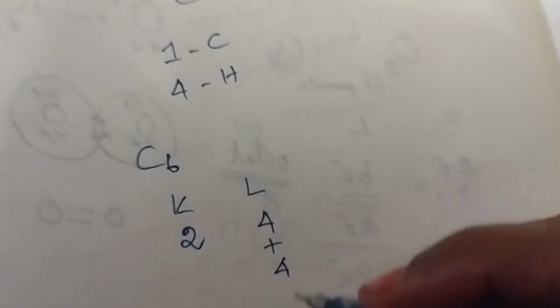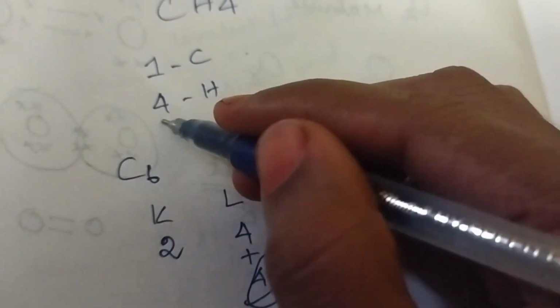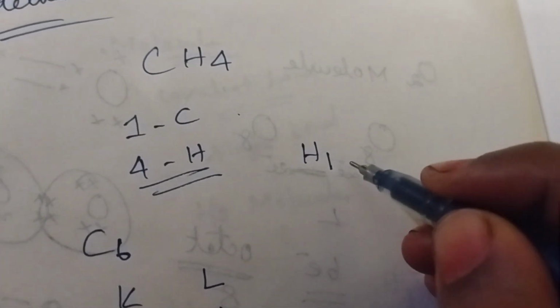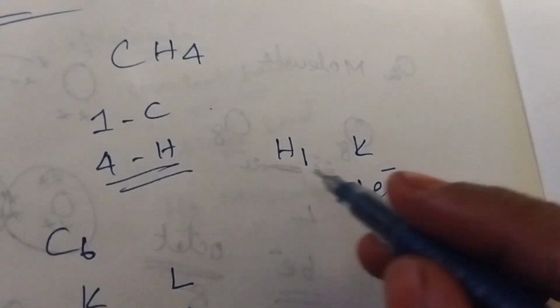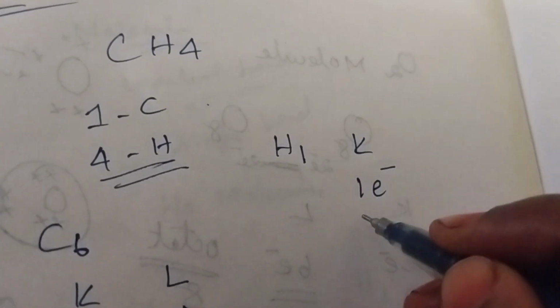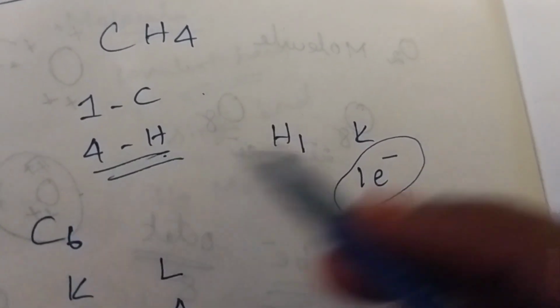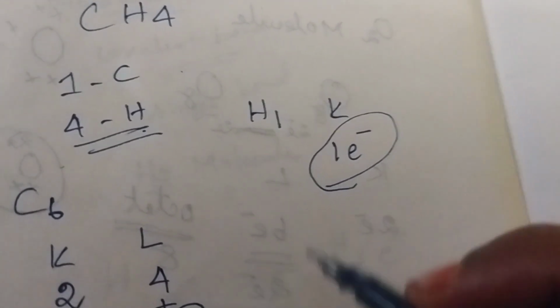So for carbon we are going to share 4 electrons. Here how many hydrogen? 4 hydrogen. Hydrogen's atomic number is 1, so in its K shell it contains only 1 electron. For hydrogen this is the last shell and it contains only 1 electron. How many hydrogen are we taking here? 4 hydrogen. So from 4 hydrogen we are going to share 4 electrons.